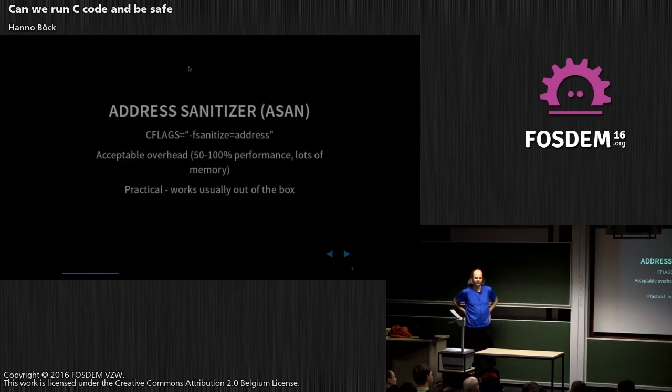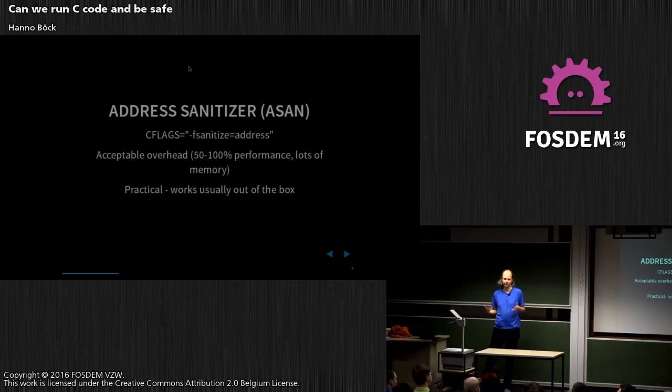So Address Sanitizer is implemented as a flag in GCC and Clang. So you probably already have it on your machines. It's just an additional compiler flag. It has a, let's say, acceptable overhead. Your application gets 50 to 100% slower. This is originally designed as a debugging tool.